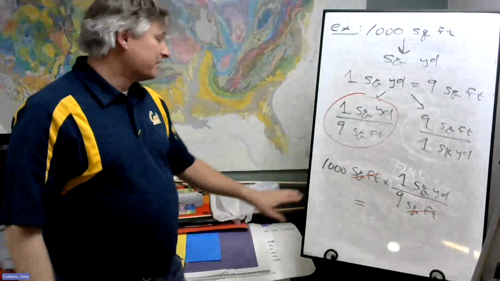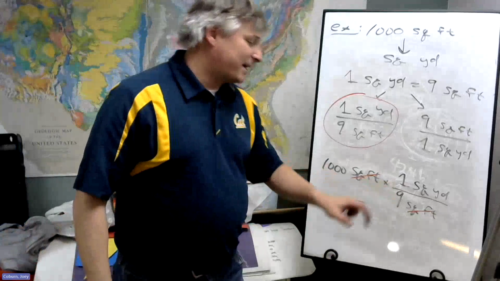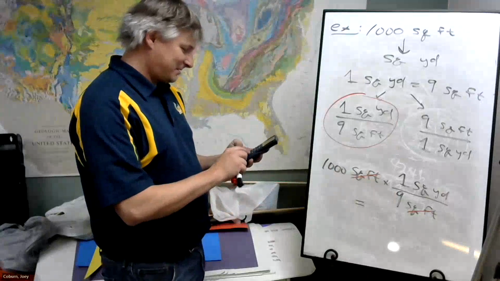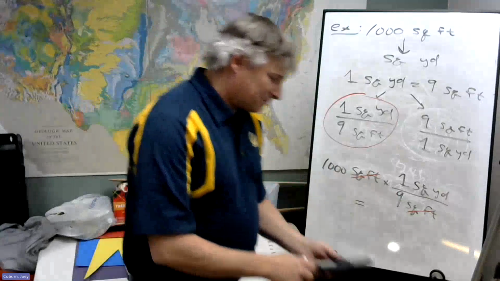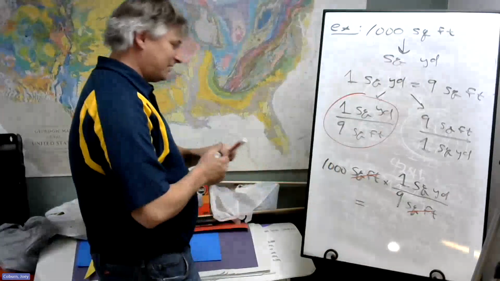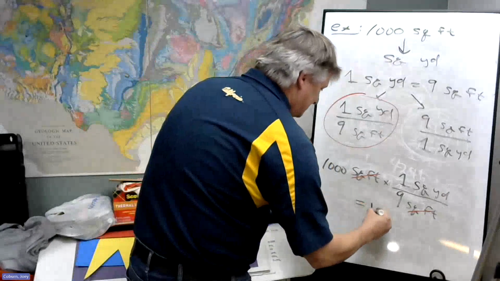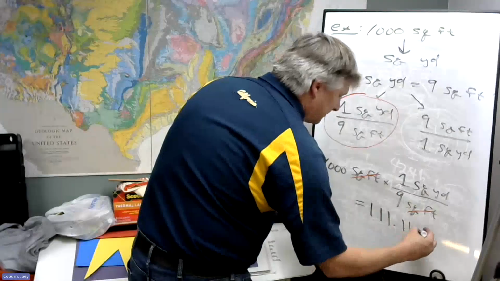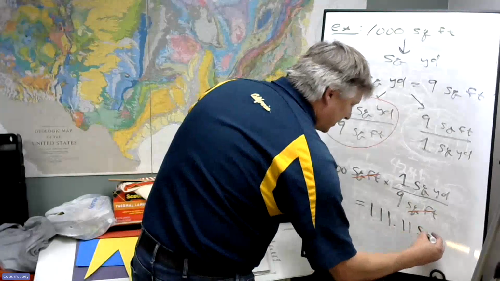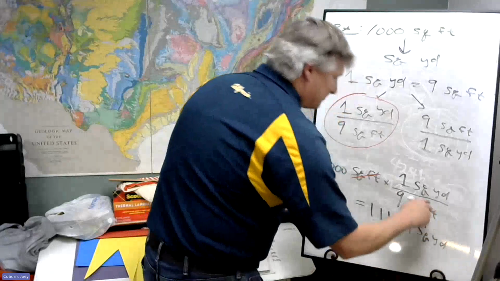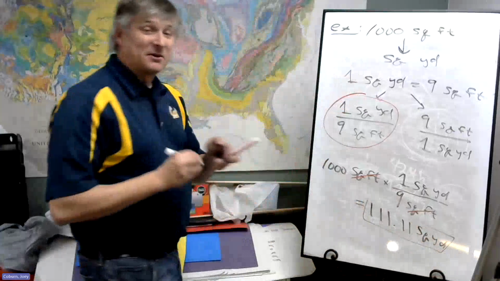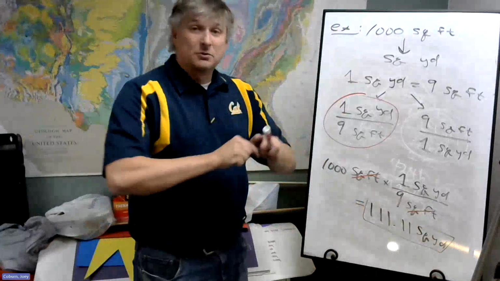In the calculator, 1,000 times 1 divided by 9. And so rounding to the hundredths place comes out to 111.11 square yards. Again, we attach the square yards at the end. There we go.